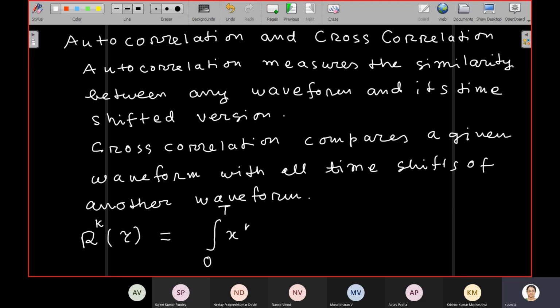Small x is one code period. Tau is the time shift.